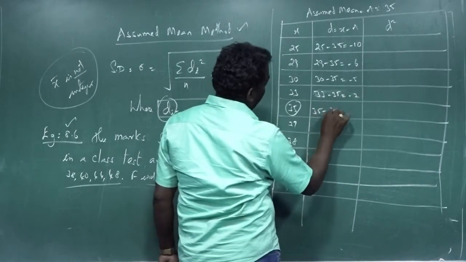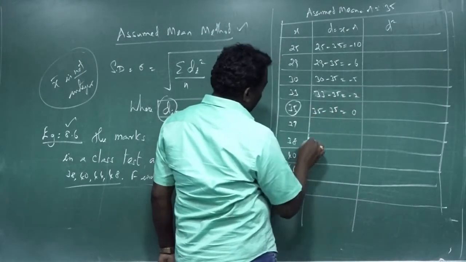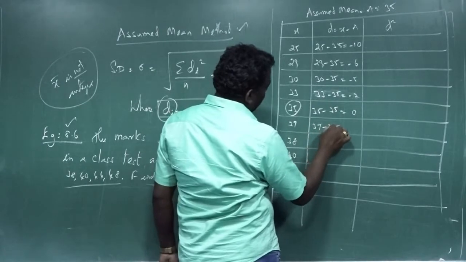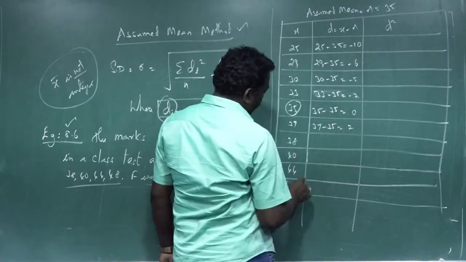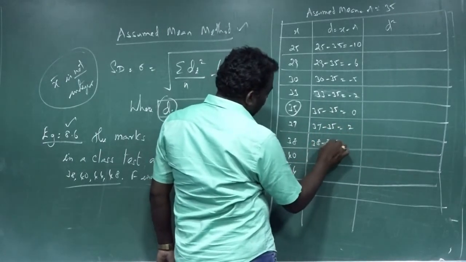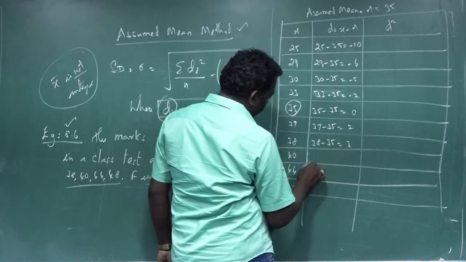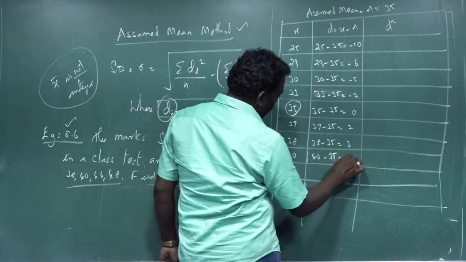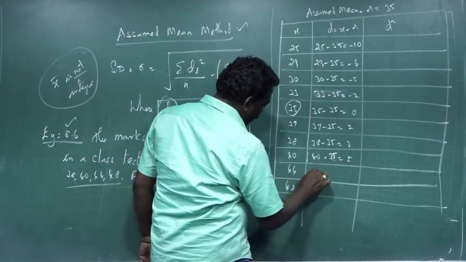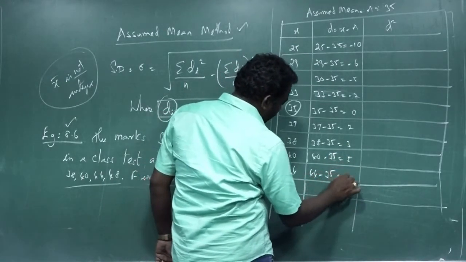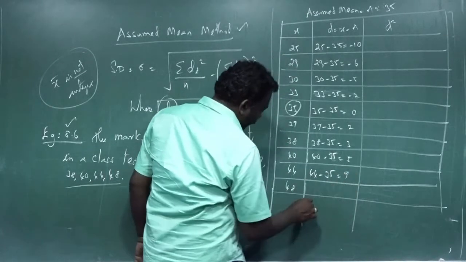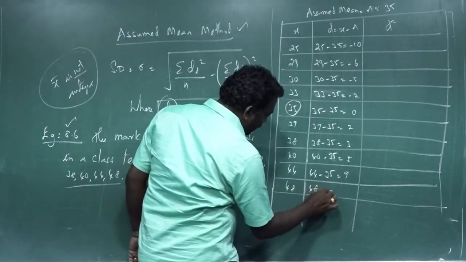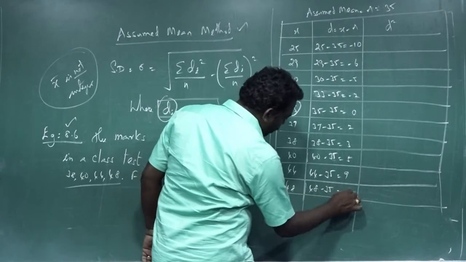Then 35 minus 35 is 0. 37 minus 35 is plus 2. 38 minus 35 is plus 3. 40 minus 35 is plus 5. Then 44 minus 35 is plus 9. Then 48 minus 35 is plus 13.